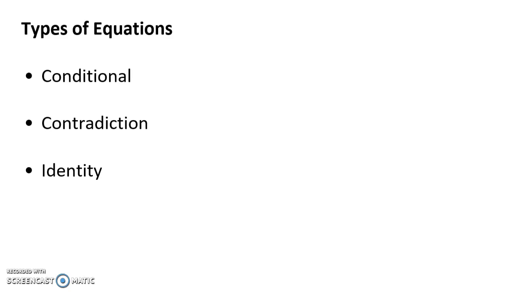In this video, we'll talk about types of equations: conditional, contradiction, and identity. We say an equation is conditional if it has certain values as solutions.